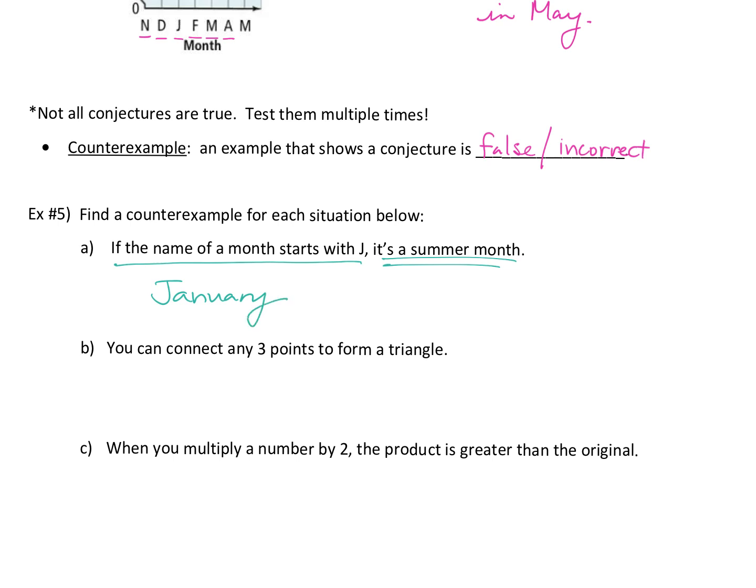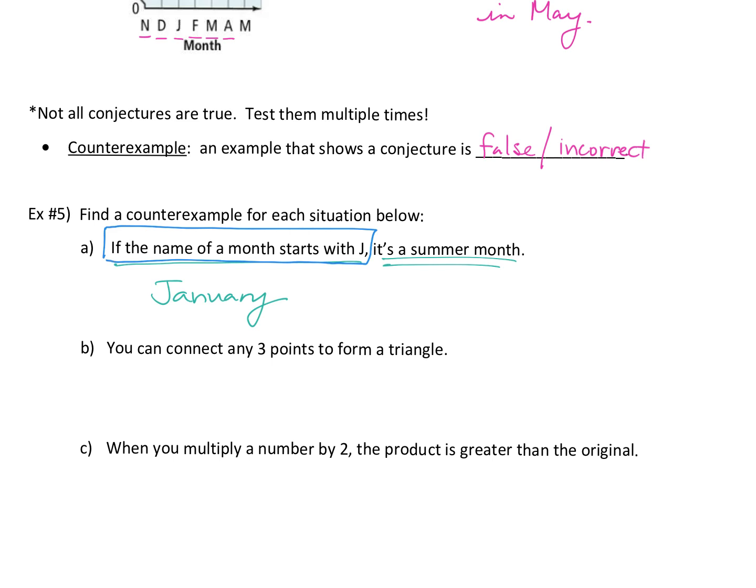Okay, that's a counterexample. So when you give a counterexample, it's just a word or a number or a very brief statement. Okay, Julia. August is not a counterexample. So that's a great, okay, yes. For a counterexample, this part needs to be true.